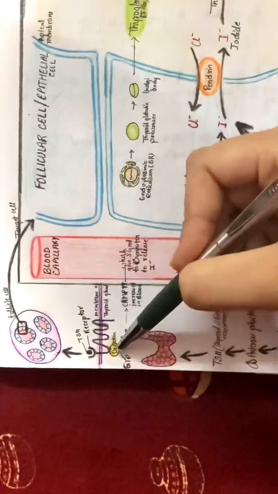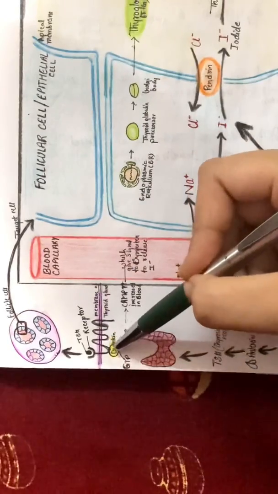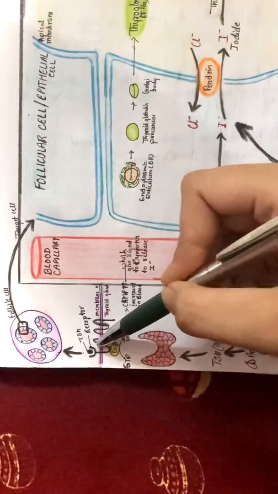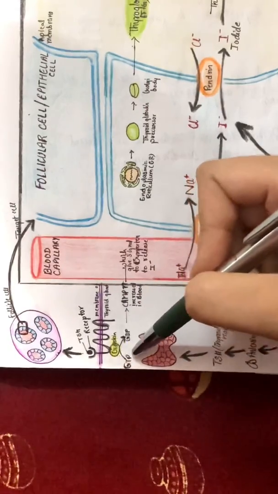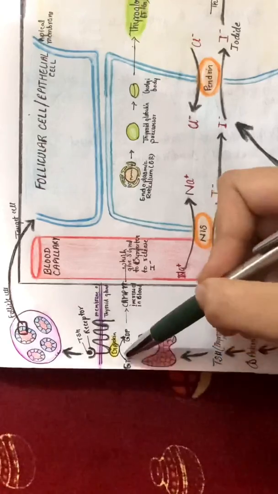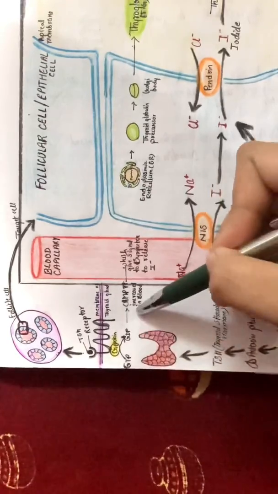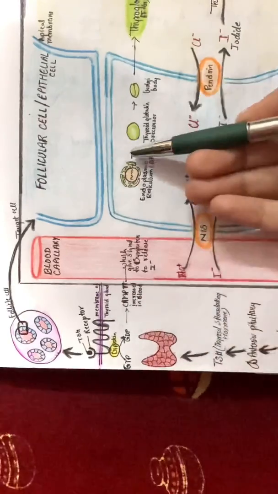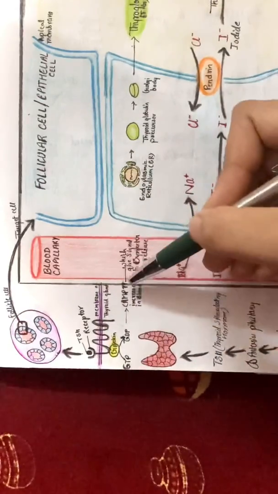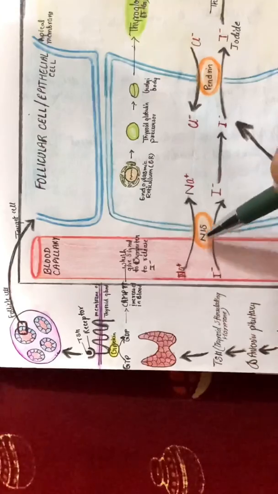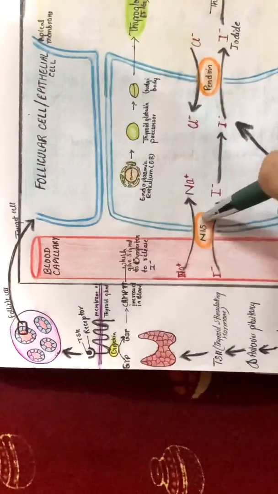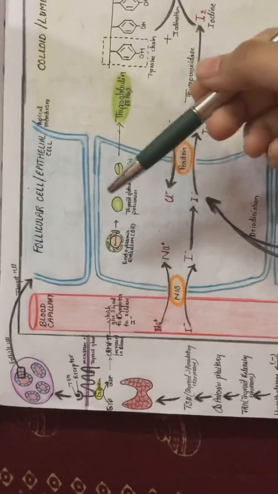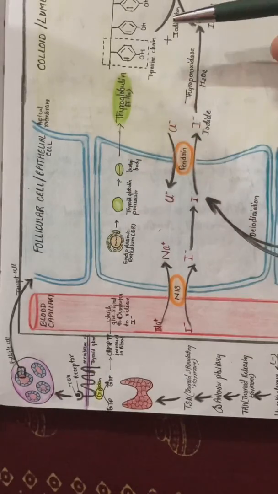This TSH receptor is attached to a G protein, and TSH binds to the TSH receptor and transforms GTP into GDP, and as a result cyclic AMP level increases inside the thyroid cell, and this cyclic AMP gives a signal to the sodium iodide symporter to transport the iodine into the follicular cell.